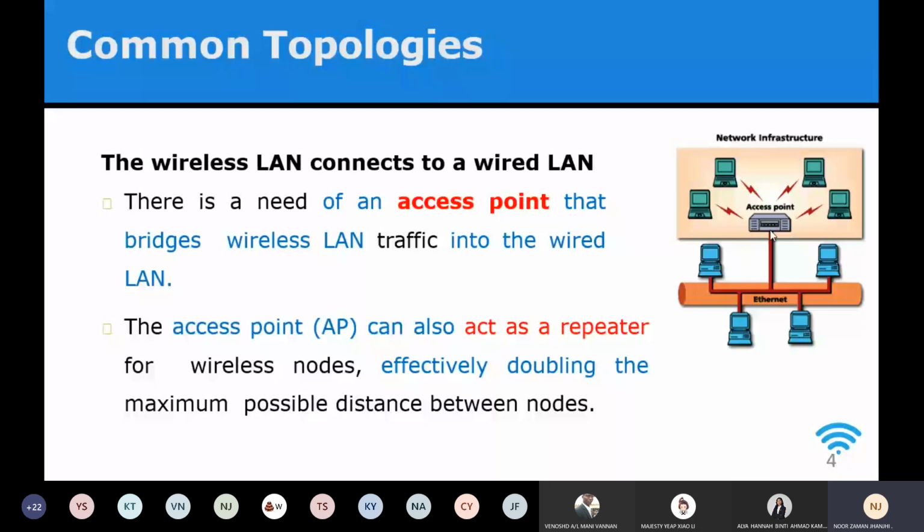For example, if 60 users are connected and they are within the range of the access point, and they are using very little internet, just some browsing, then the access point can serve approximately 60 users at a time.